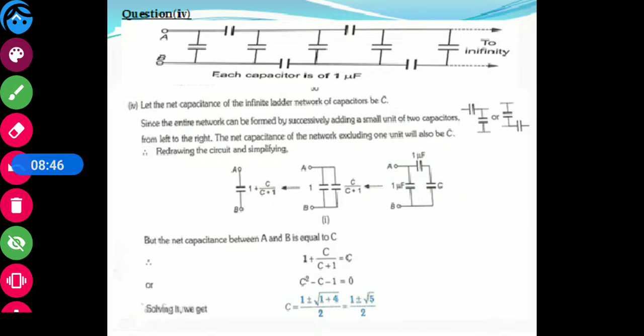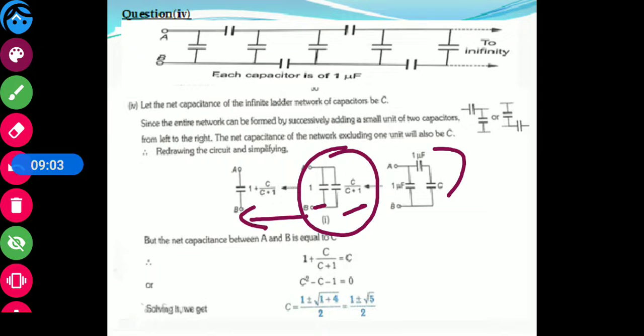Now we can reduce it. Here it is clear that 1 and C are connected in series. So the resultant is C upon C plus 1, which is connected to 1 microfarad. Reducing these two, we get 1 plus C upon C plus 1.